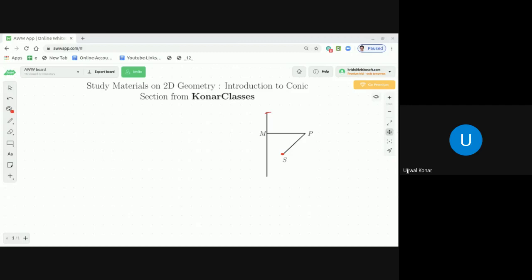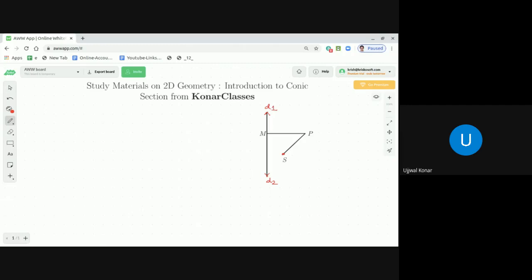That point P is moving. I can give a name to the line, suppose I call it D1, D2, a line segment, for example, and this is the point S. So S is a fixed point and D1, D2 is a fixed straight line.